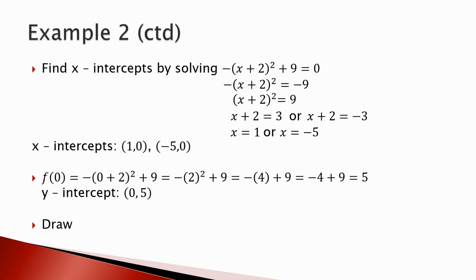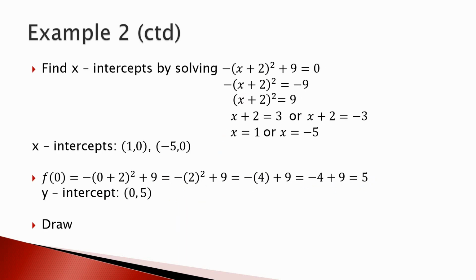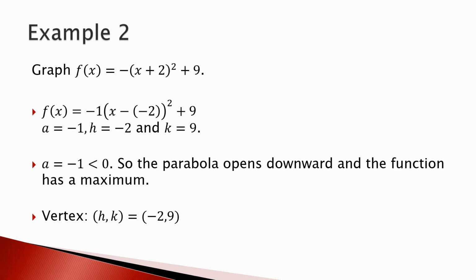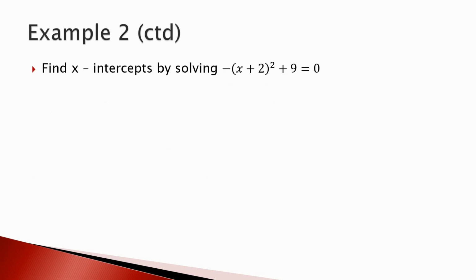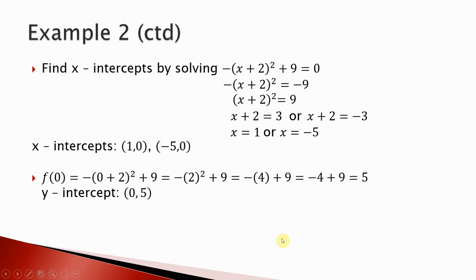Now draw. So this is the graph. You have the vertex negative 2, 9, and these are 1 and negative 5, and this is 0, 5, so the y-intercept is 5.